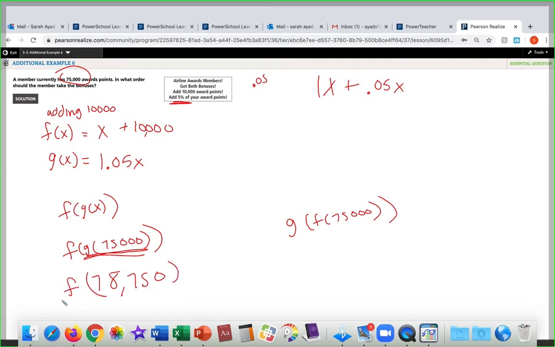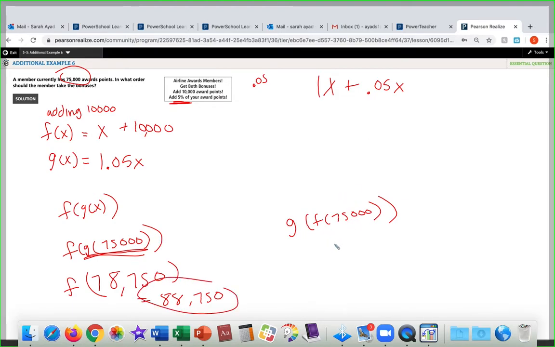And then I want to find f of that. So that means I want to take this number and add 10,000. That will then give me 88,750. So this was adding the 5% and then adding the 10,000. It left me with this many award points.